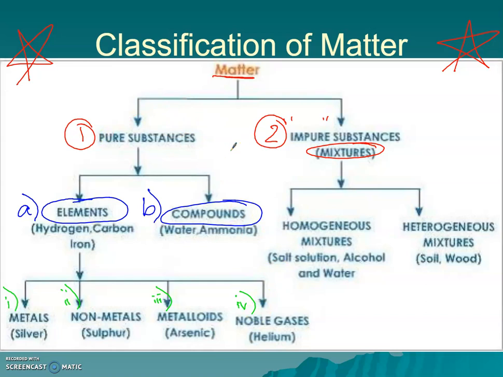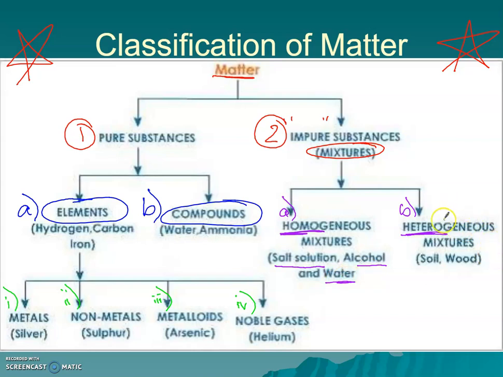We'll still talk about this other part over here when we talk about our mixtures, because mixtures can either be homogeneous or heterogeneous. Homogeneous meaning the same, so it's going to be consistent throughout, like salt water or alcohol or tap water. Heterogeneous isn't going to be consistent.